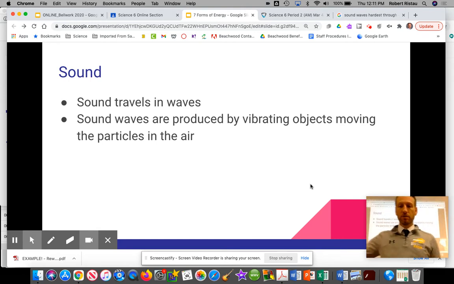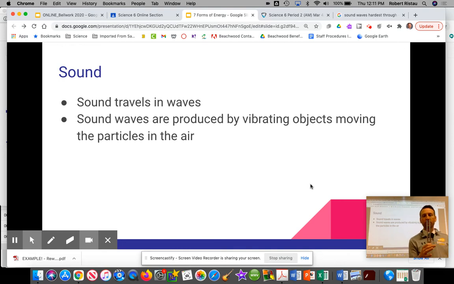The example, tuning forks, which was station number 2, probably pretty easy to figure out. In these tuning forks, it's hard to see, but the tuning fork itself is actually vibrating back and forth really quickly. It's hard to see on camera, but in person, if you were close to this, tuning forks would look blurry to you.